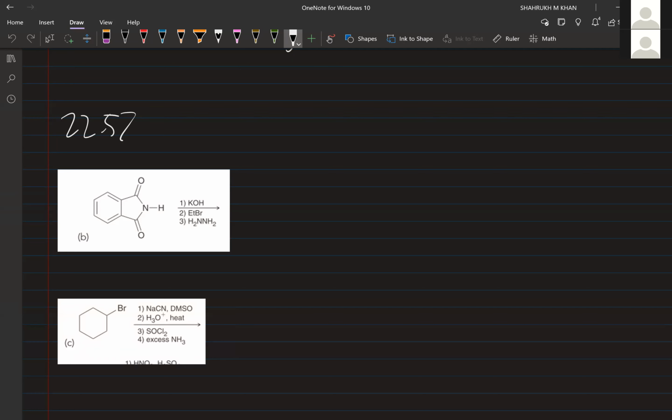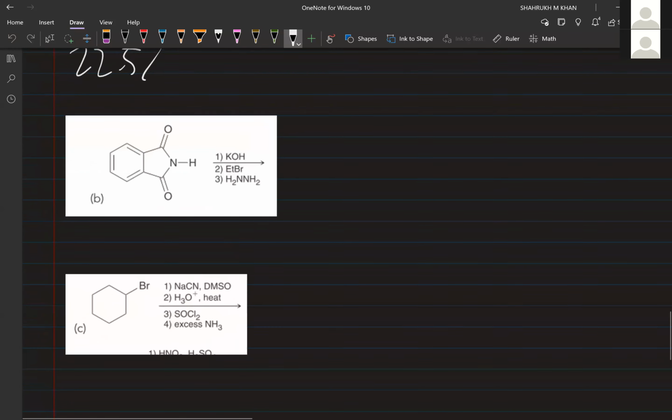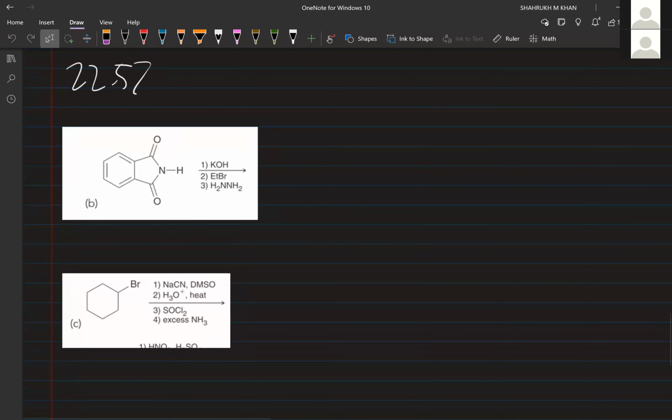Oh well, that's fine. Just ignore the bottom text. So basically all it's asking is that's your starting material. You are going to treat it with 1, 2, 3, and then what's your final product after that? Same thing for the next one: you start off with that, you treat it with 1, 2, 3, and 4, and then what do you get at the end? So just take 2 minutes maybe to do that.